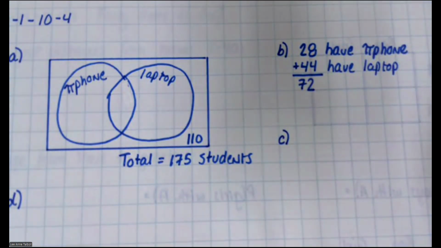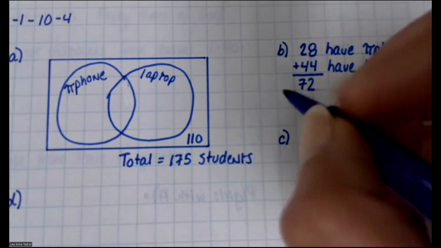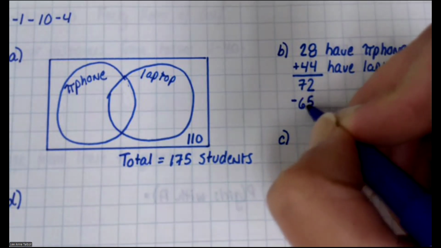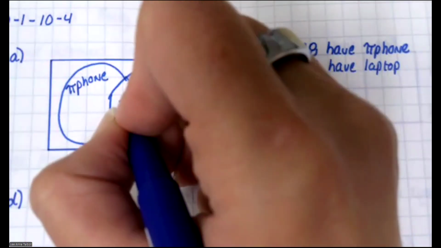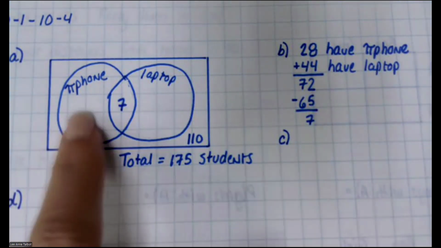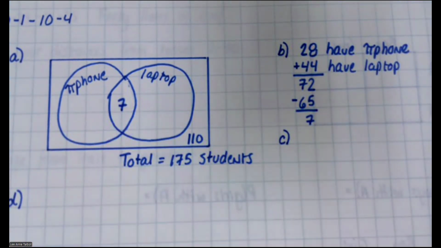That adds up to 72, not 65. What can I determine from that information? No. Some have both. How many have both? 7. 7 have both. And the both section is right here where the two circles overlap.